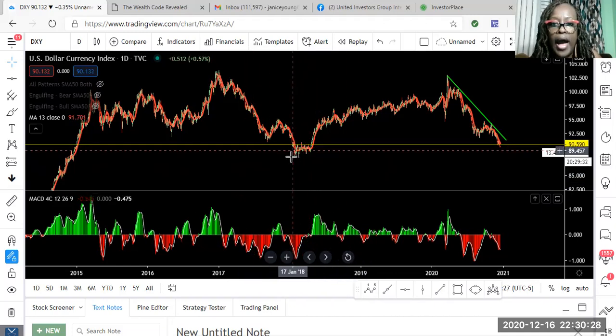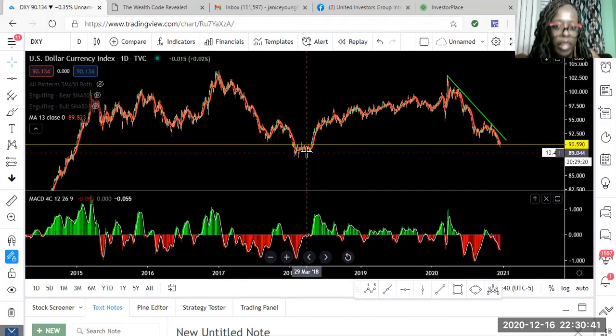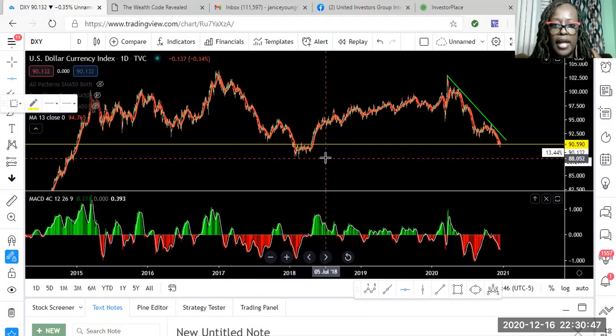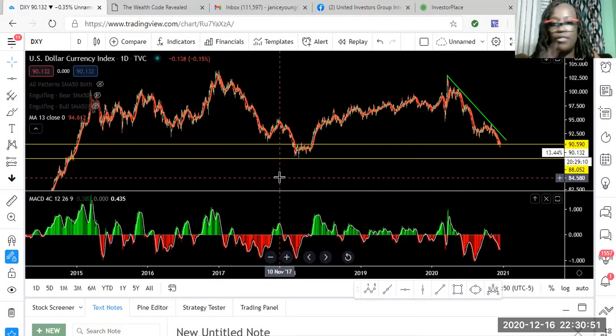I have structure right here, which is why I put this horizontal line here, and it coincides with where price is right now. We went down a little bit beyond that, but for the most part, we're right at this structural area. What I also like to do is box that in. Basically, what I'm doing is just identifying support and resistance. That's all I'm doing.